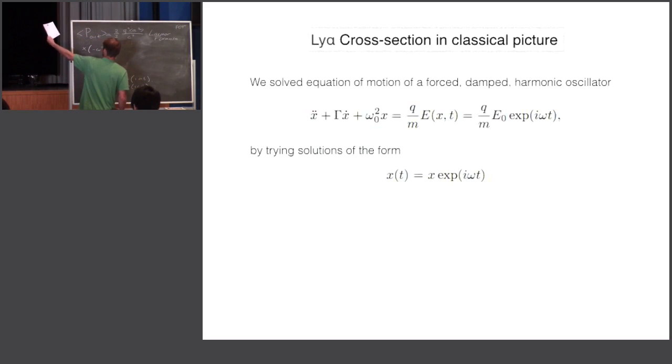We have gamma x dot, so we have one term plus gamma times the first derivative, which gives me i omega. And then we have the omega naught squared term. And this just equals q over m times E naught.